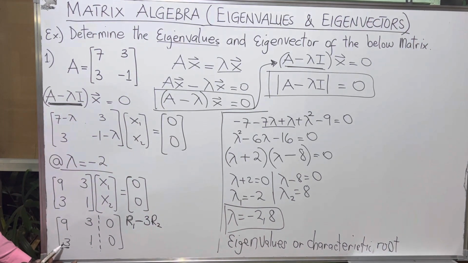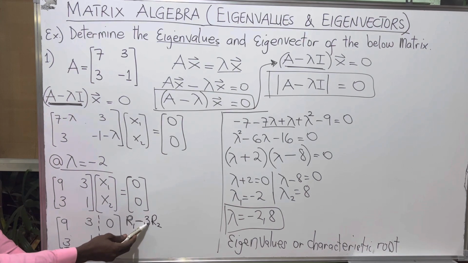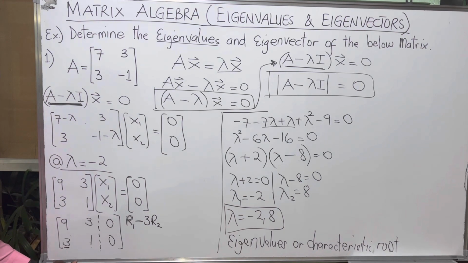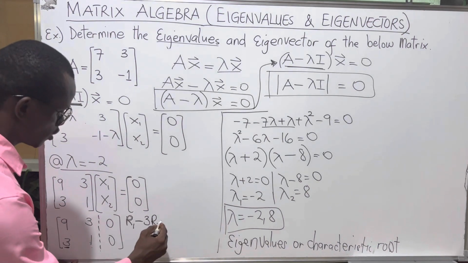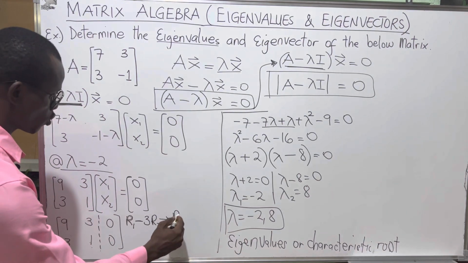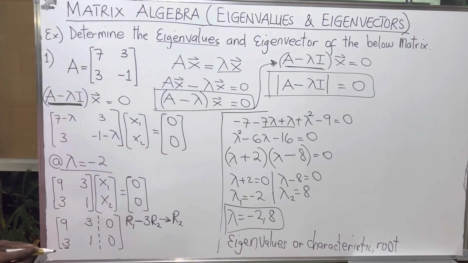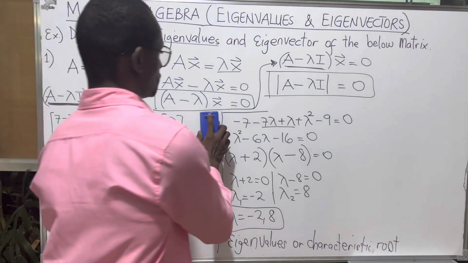So 9 minus, 3 times 3 is 9, which will give us 0. We are applying this on row 2, so we erase this portion.